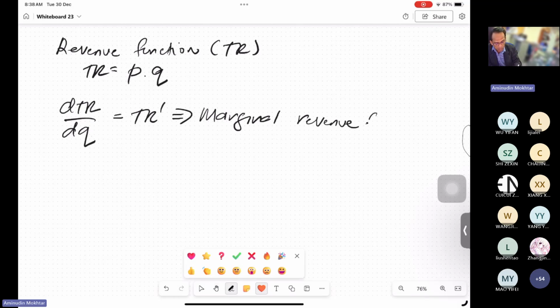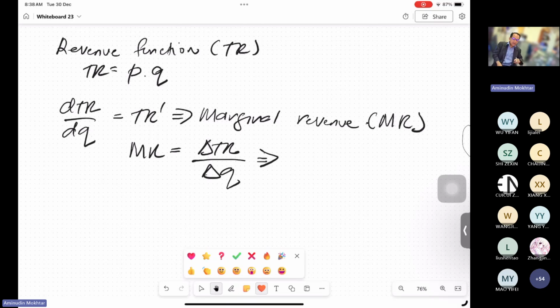What is the marginal revenue? Marginal revenue is MR. Based on the theory, marginal revenue equals the change in TR divided by the change in Q.